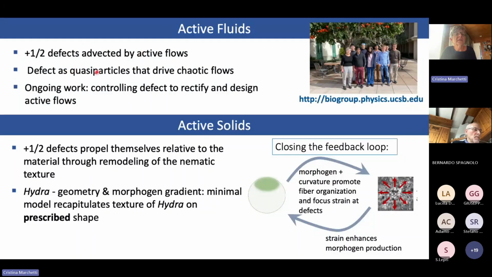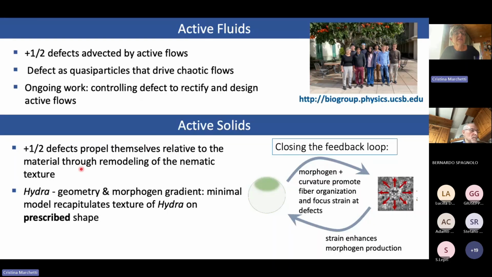We can then construct a theory of defects as quasi-particles and show how defects can actually act as the drivers of these chaotic flows. And ongoing work by us and others is how to control defects in order to design active flows and achieve, for instance, laminar rectified flows out of these chaotic flows.